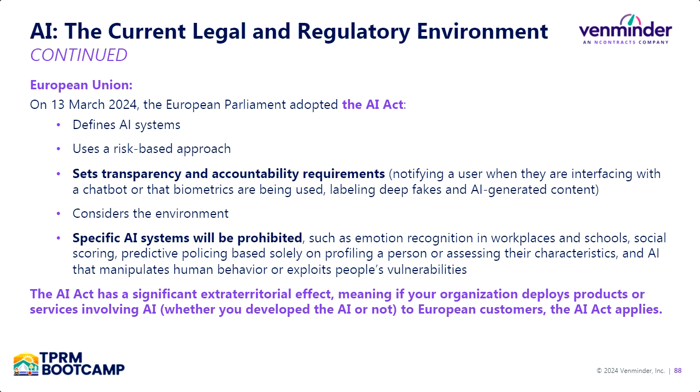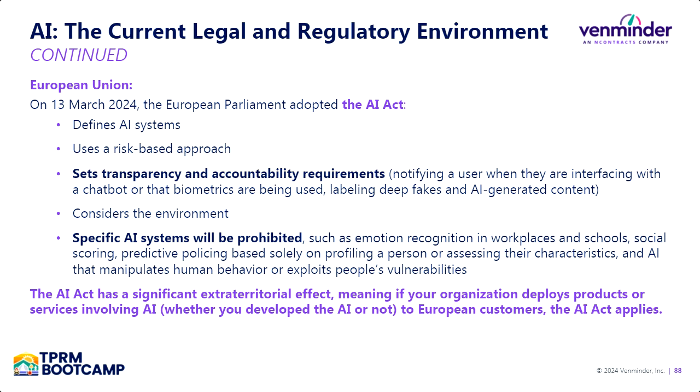The EU, on the other hand, just passed in March of this year the AI Act, which is very thorough and probably sets a strong foundation and model for regulations to come worldwide. It's very specific about what is an AI system. It uses a risk-based approach, and it has a strong emphasis on transparency and accountability.